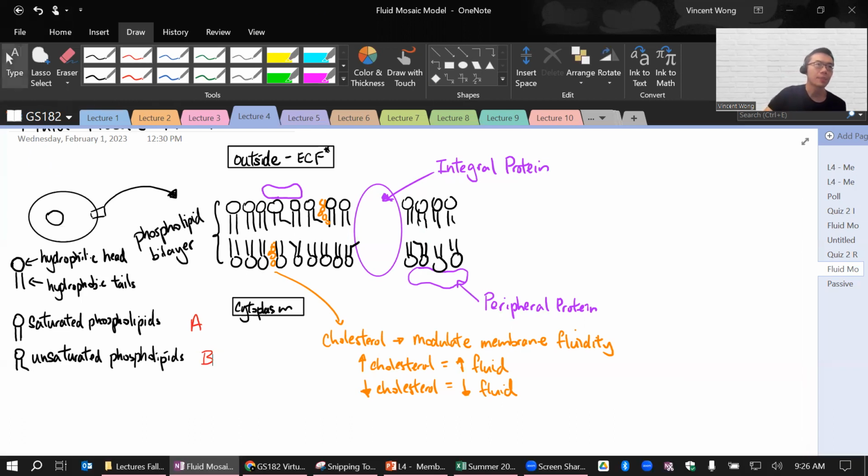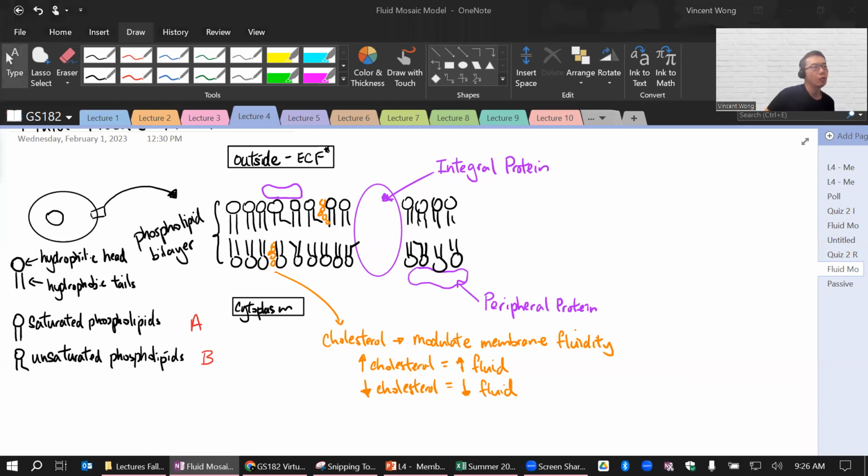Choose something, guys. Even if you don't know, if you're just guessing, choose something. Don't leave a multiple choice blank, ever. Unless, you know, you lose marks for choosing the wrong answer.